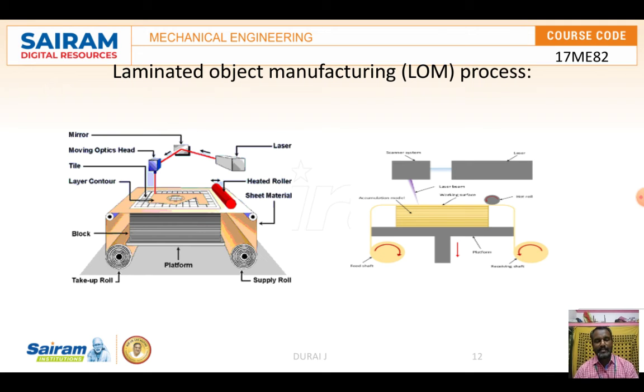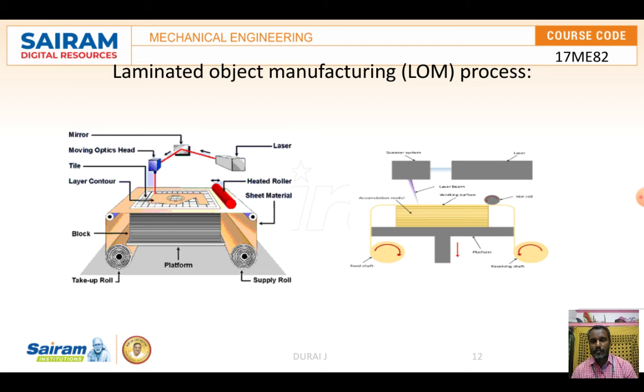After the laser cutting is completed, the platform moves down and fresh laminated paper is rolled on. The process is repeated as needed to build the part. The process is used for pattern making and toy designing. This process is cheaper and high volume production can be achieved. As of 2001, LOM is no longer in use.